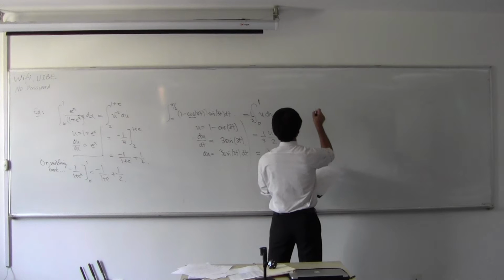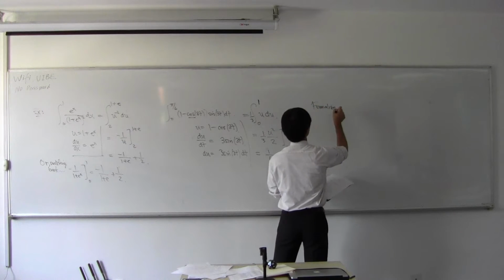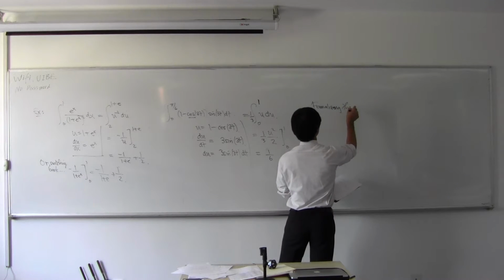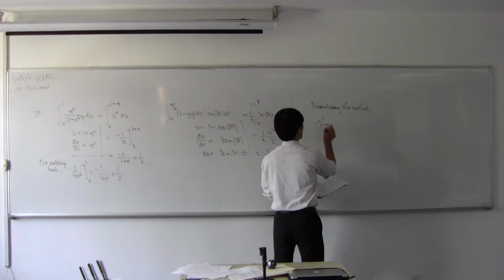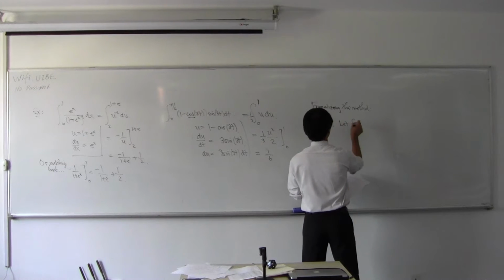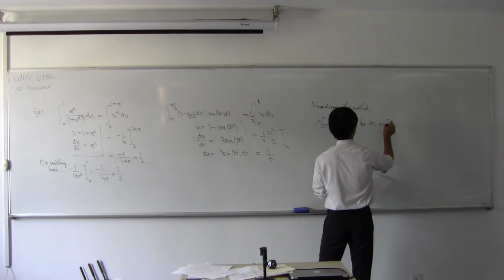So let me formalize the method. Okay, I'm going to state it formally. Let f be continuous on [a, b].